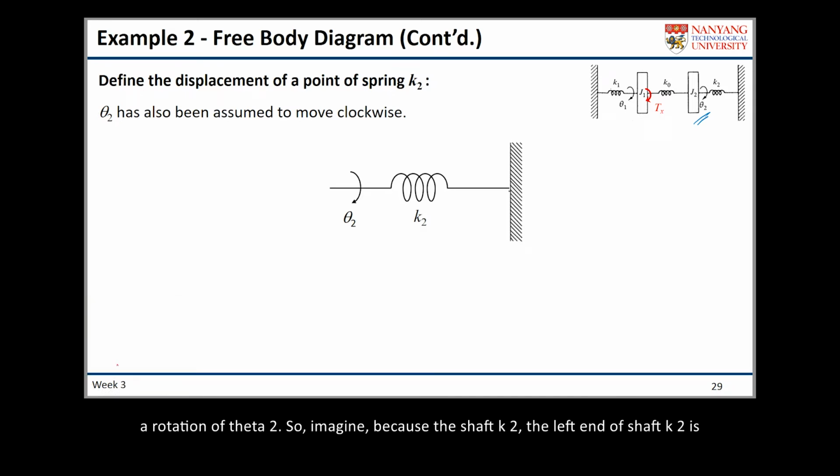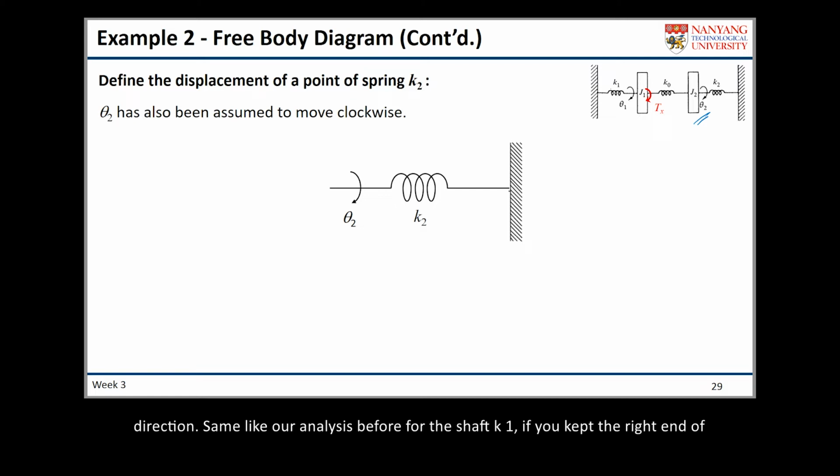So imagine, the left end of the shaft K2 is connected to the disc J2. When J2 is rotating in a clockwise direction by theta 2, the left end of the shaft K2 will also be twisted by theta 2 in a clockwise direction.